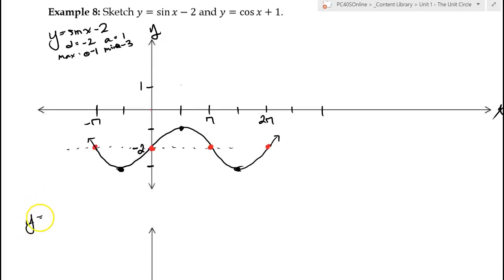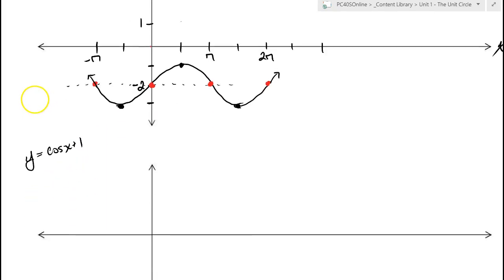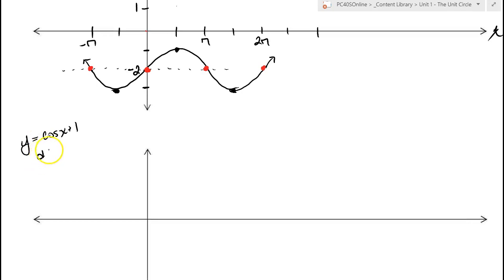Your other equation is y equals cos x plus 1. So we're going to see that the d value is 1. My amplitude is still 1 because there's no number out in front here. So that means that maximum is at 2 and minimum is at, now positive, it is at 0.